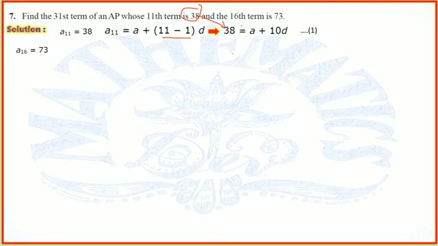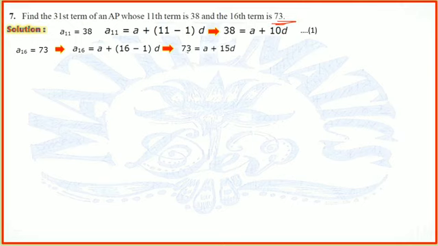Similarly, the 16th term is 73, so A16 is 73, implies A16 is equal to A plus n minus 1, that is 16 minus 1, into D. This implies A16 is given as 73, so we'll put here 73 equals A plus 16 minus 1, 15D. So this is equation number 2.